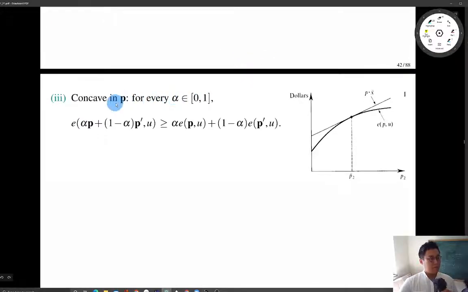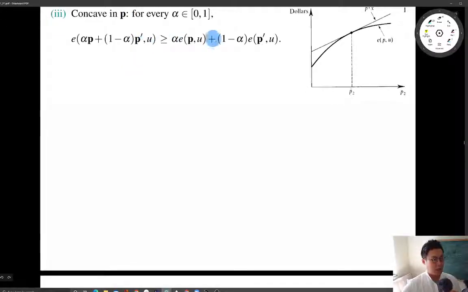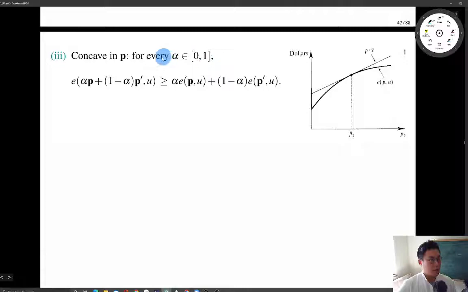And the third property of the expenditure function is that the function is concave in the price vector. And remember the definition of a concave function. If the function is concave in P, then the function's value at the average is going to be larger than or equal to the average of the function's values.